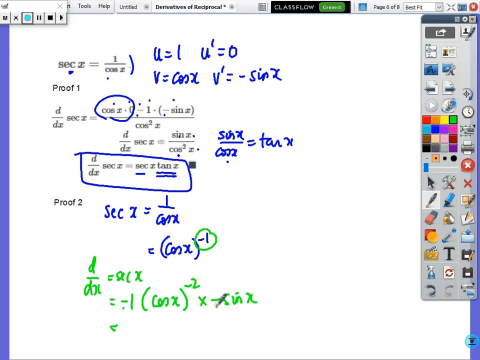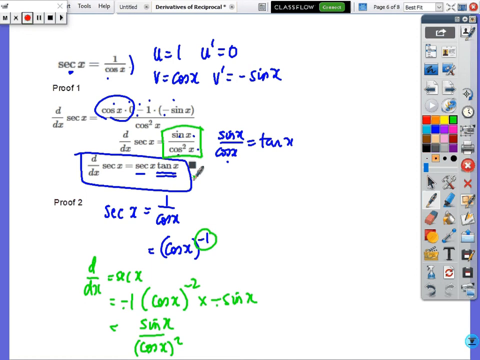So minus times a minus is a plus, so we get sine x over cos x squared, which is what we've got there, and then finish off the proof to get that one.